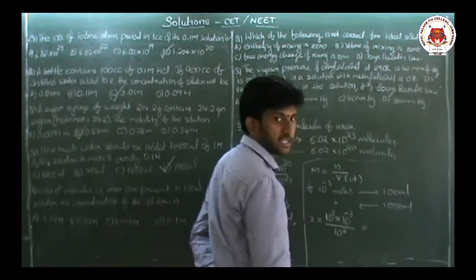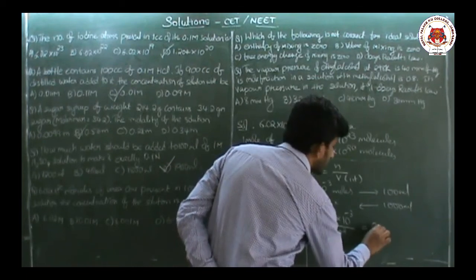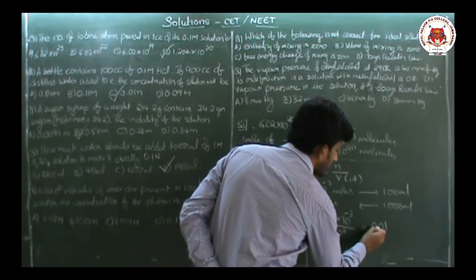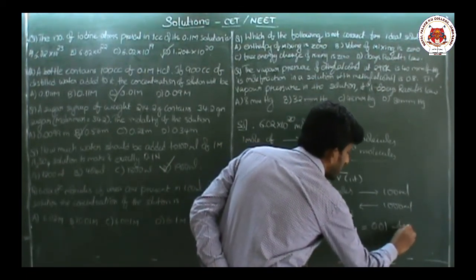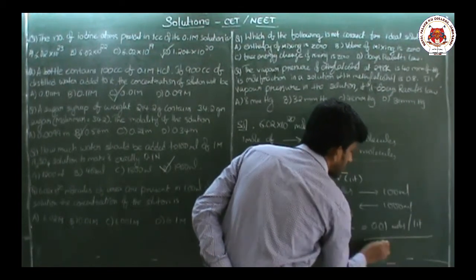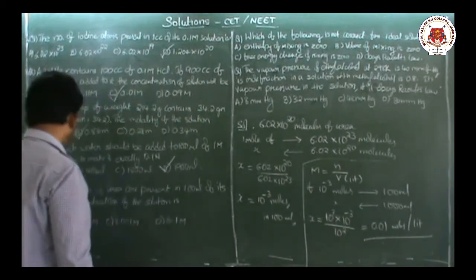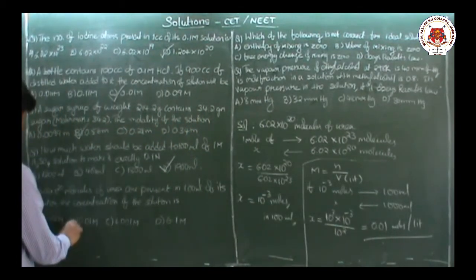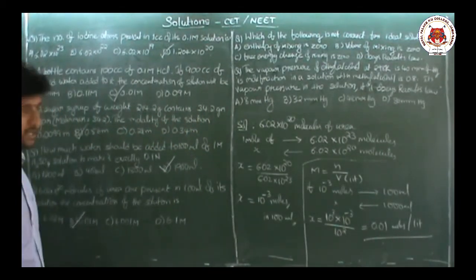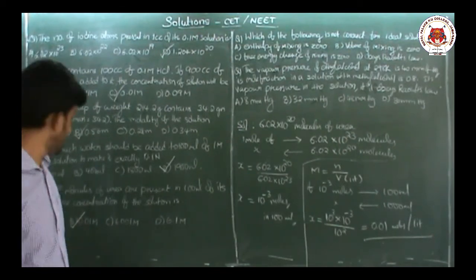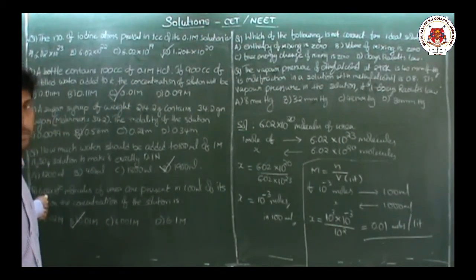That means 1 by 100 is the answer. 1 by 100 means 0.01. 0.01 moles are present per liter. That is nothing but molarity, no? Okay, so the answer is 0.01 molarity with this respective molecules.